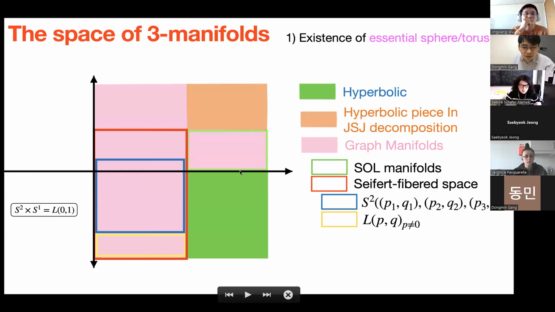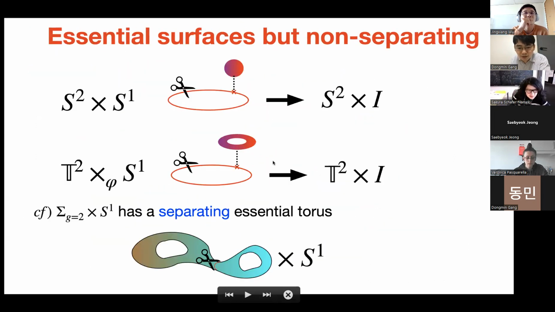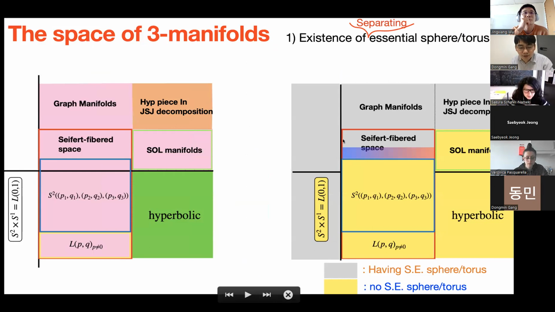That's the red box. But in your picture, you have a piece that you say you have to study further, but then there's a piece that's gray in the other picture, where it seems like you understand everything, but it's not in this class of three fibered guys either. So what is that gray piece in that Seifert fibered box that is not in a rainbow color?